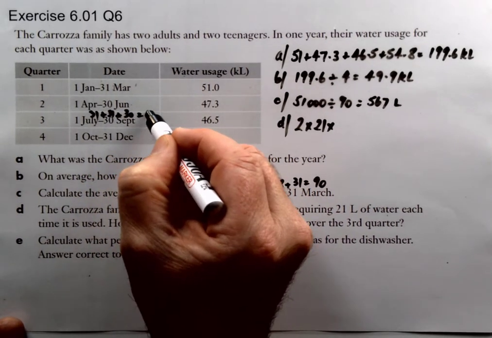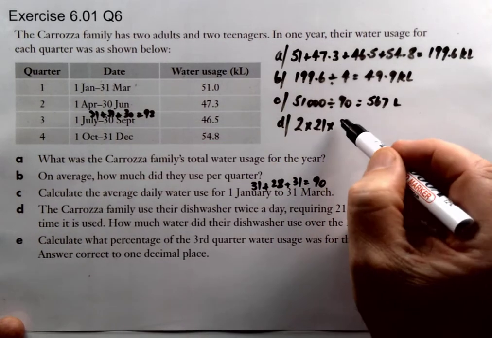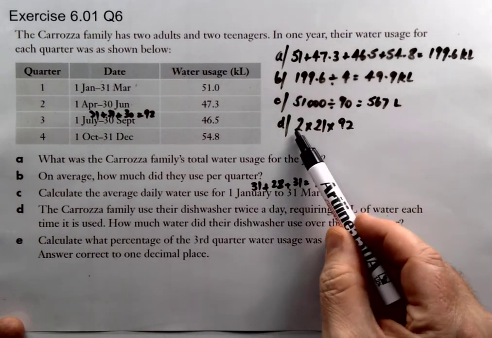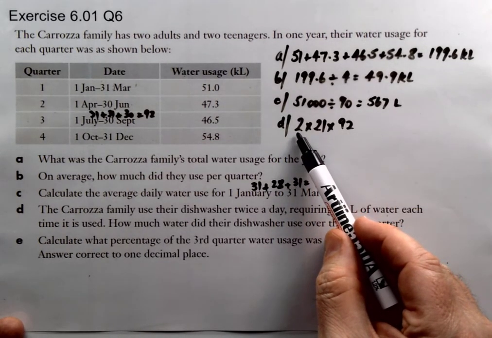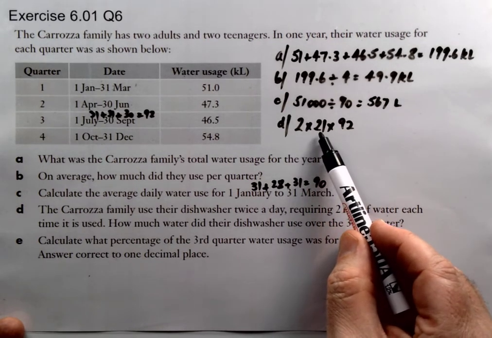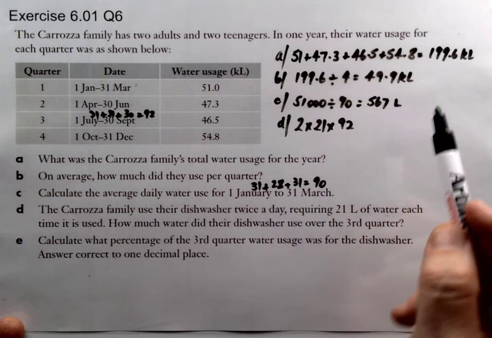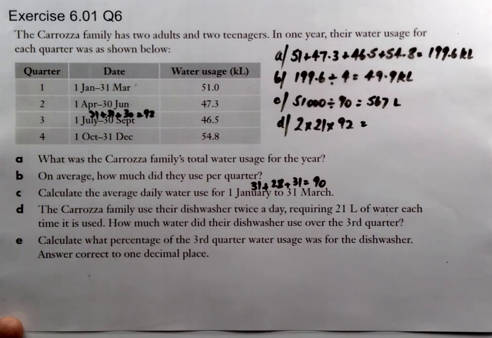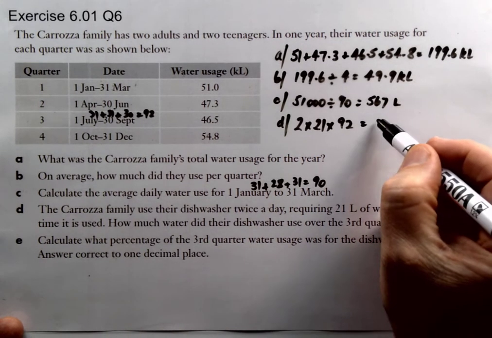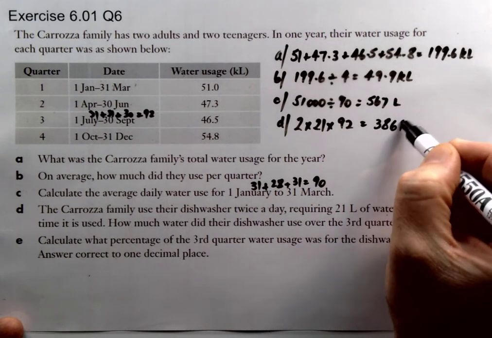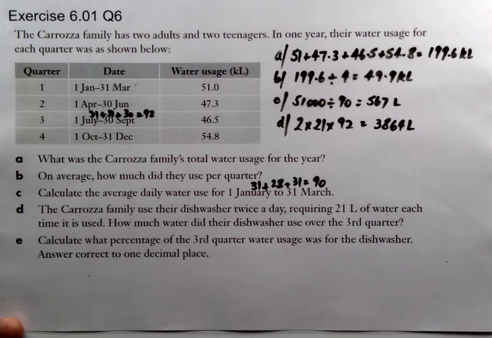So adding them up, we'll get 92. So we've taken the number of times we use the dishwasher per day, times the number of litres it uses each time, times the number of days in that quarter. We'll get 3,864 litres.